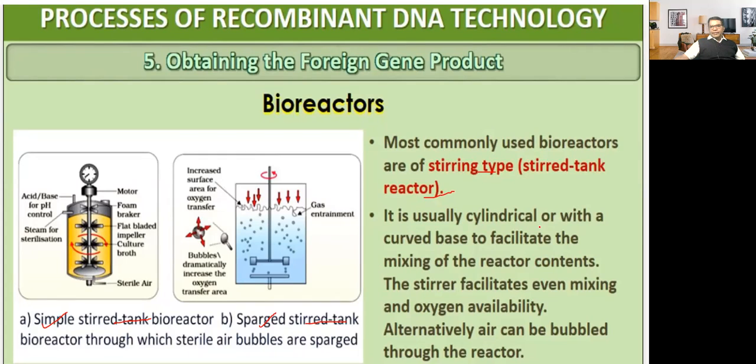It is usually cylindrical or with a curved base to facilitate the mixing of reactor content. The stirrer facilitates even mixing and oxygen availability. There are stirrers there. They help in what? Proper mixing. Alternatively, air bubbles can be bubbled through the reactor. In a sparged stirred tank, air bubbles are passed for what? Proper mixing.